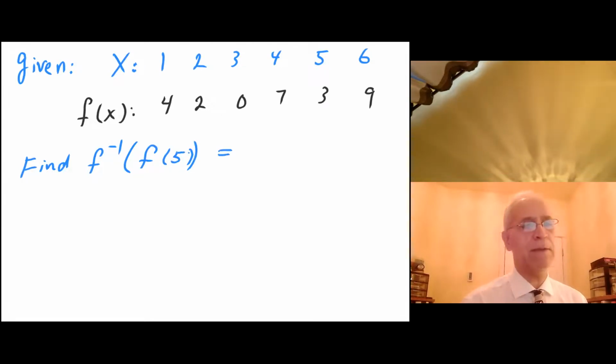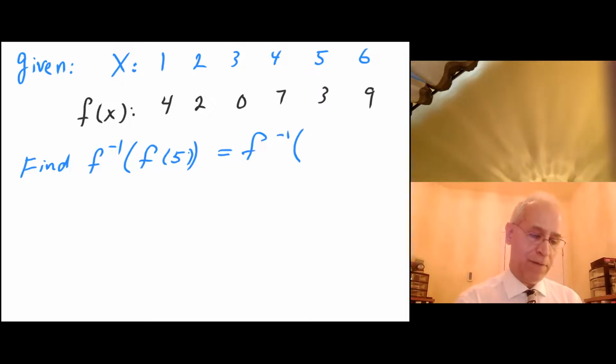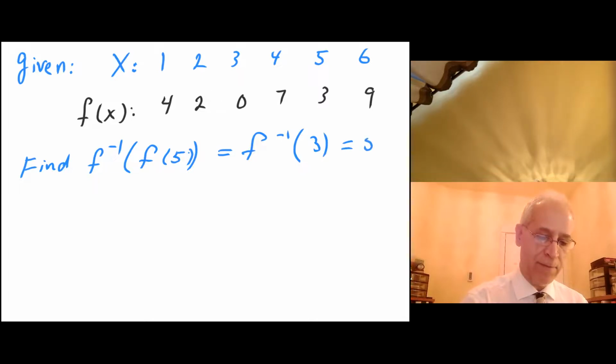So to me, this is a little bit clearer. It's easier to see what the author finds because inside of the parenthesis, it says f of 5. So I can say here that f inverse of, what is f of 5? F of 5 is 3. And the inverse of that is going to be 5.